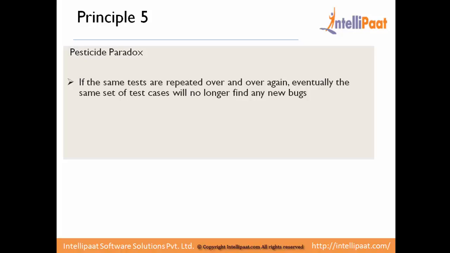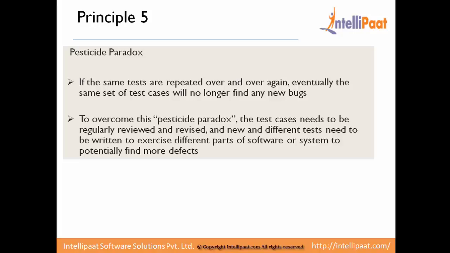Now, the next point is principle 5, the pesticide paradox. If the same tests are repeated over and over again, eventually the same set of test cases will no longer find any new bugs. To overcome this pesticide paradox, the test cases need to be regularly reviewed and revised, and new and different tests need to be written to exercise different parts of the software or system to potentially find more defects. What it means is that if you are testing the same application with, let's say, 10 particular scenarios, and every time the 10 scenarios pass, it does not mean that the software still works.